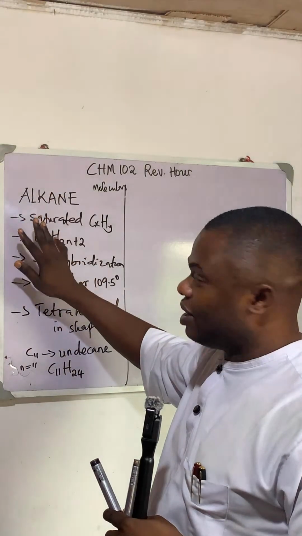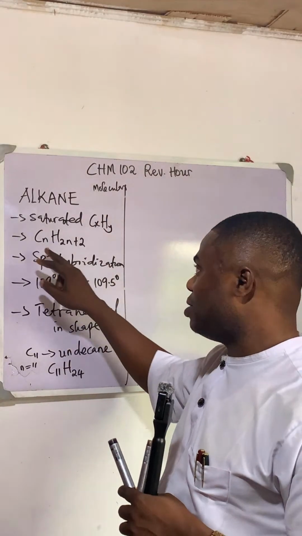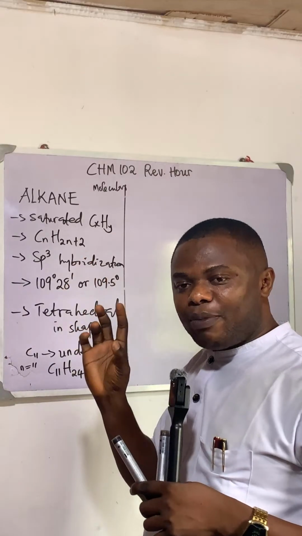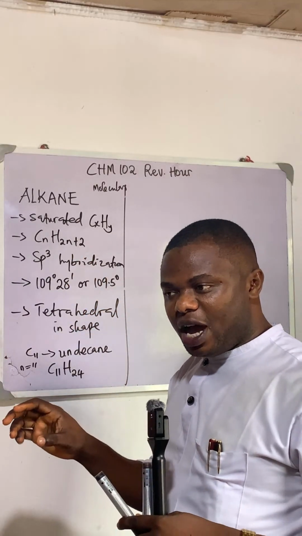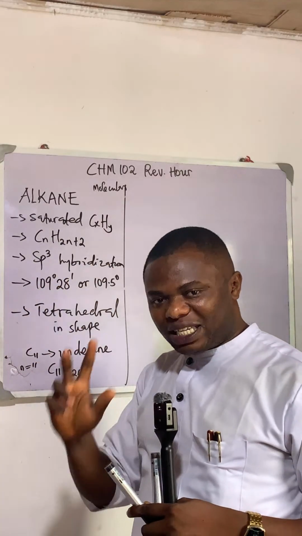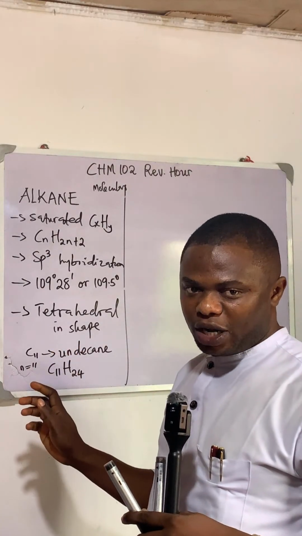I've listed basic things. Alkane is a saturated hydrocarbon. We have this as its general molecular formula. Of course, when we talk about molecular formula, it is the formula that shows the actual number of participating atoms in a given compound. That is what we call molecular formula.